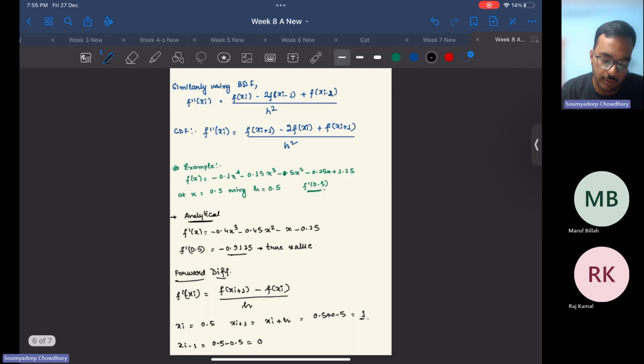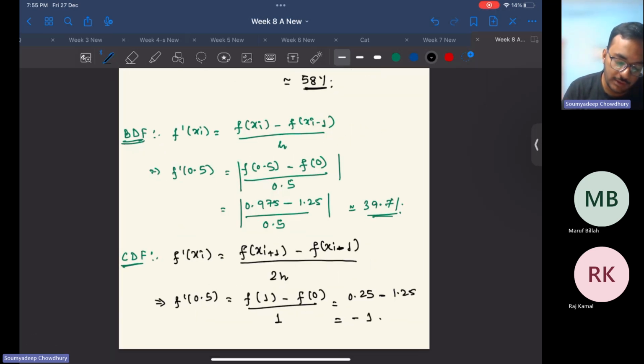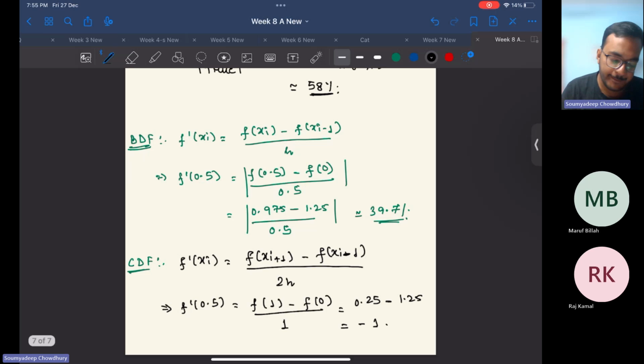So your true value was minus 0.9125. Your central difference gives you minus 1.